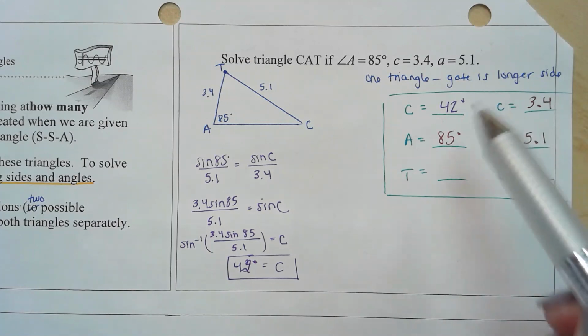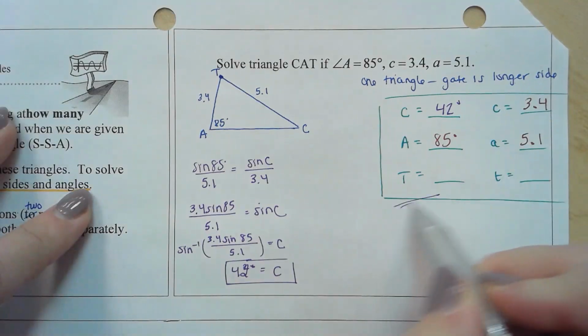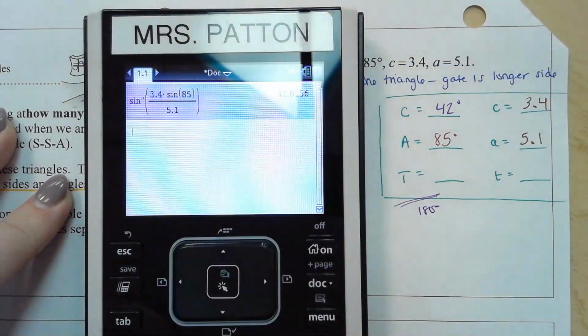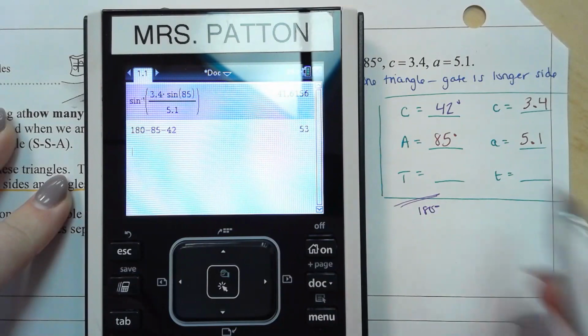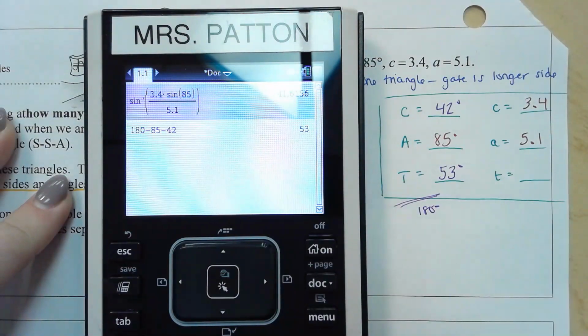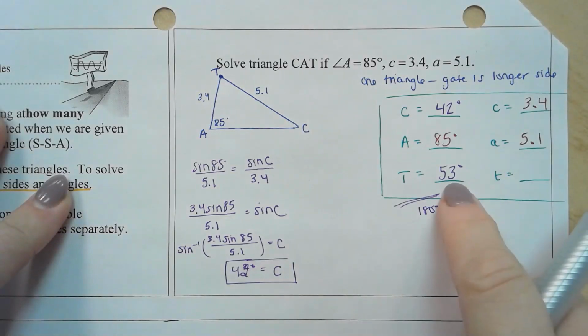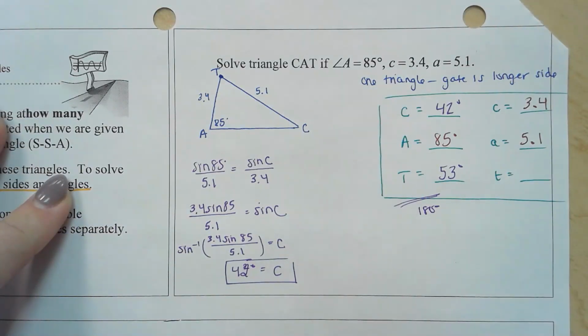All right, well, now remember all three of these angles have to add up to 180 degrees. So I think we can go very quickly find our third angle, and we get 53 degrees. And that's an important next step because, well, if we want to find side t, we need the angle across from it. Now we're just going to use the law of sines again.